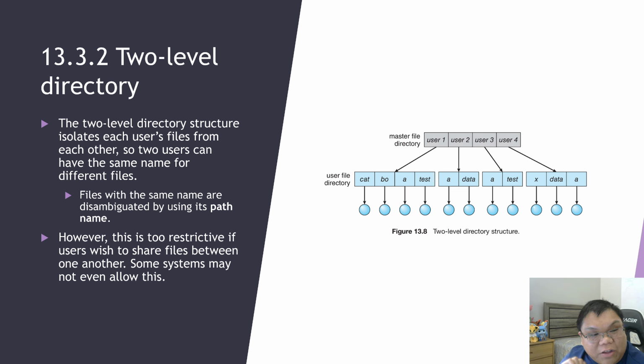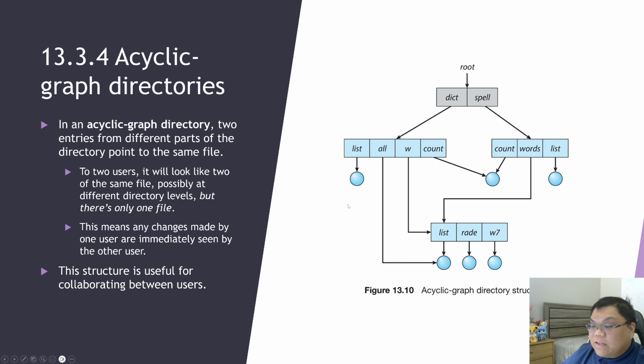At the very least, this isolates each user's files from each other user. However, it's still too restrictive if, one, we want to organize our files, and two, we want to share files between one another. So the next step from that is, of course, the multi-level directory, but that still doesn't solve the issue of how we share files between one another.